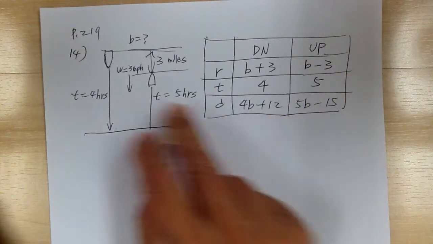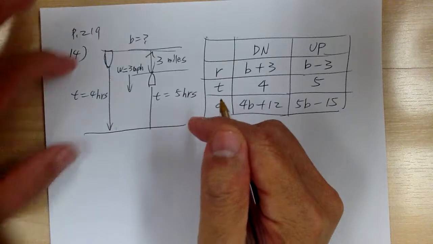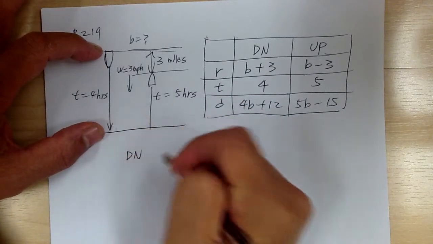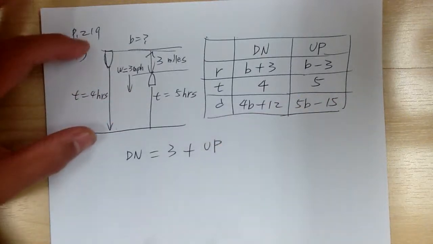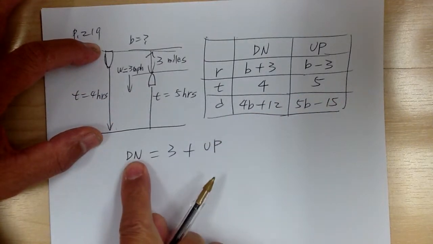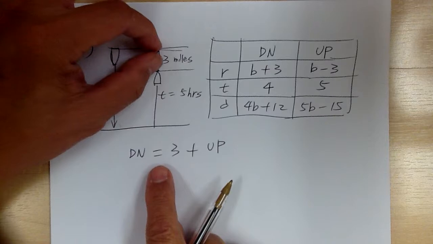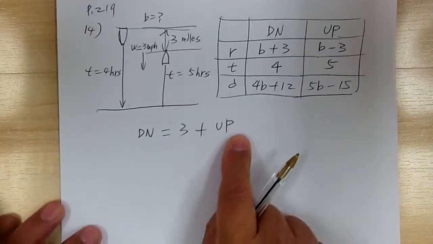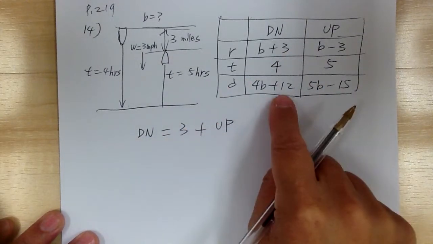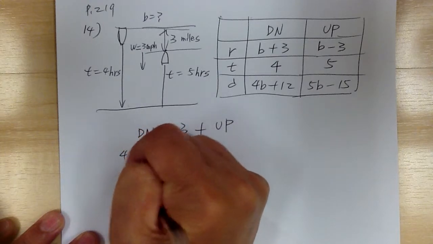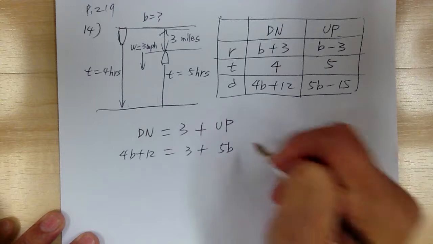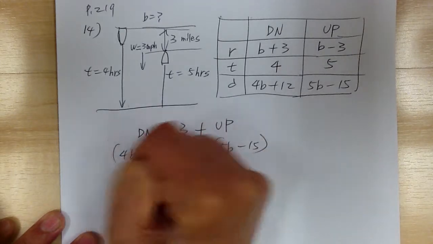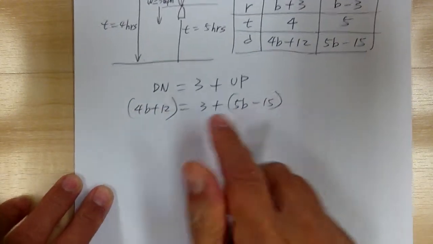Now you have to look at the picture to see the relationship between the distances. See over here, the down is equal to the 3 plus up. So for down is 4b plus 12, and the up is 5b minus 15. Now you can try to work it out.